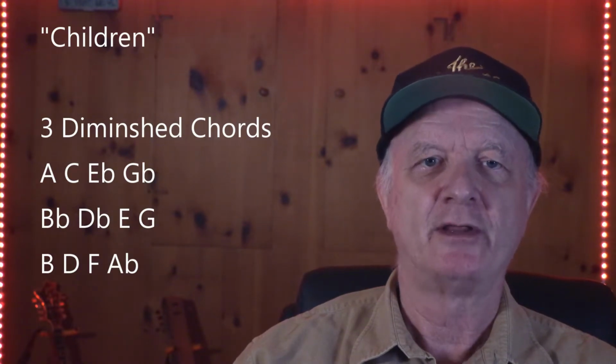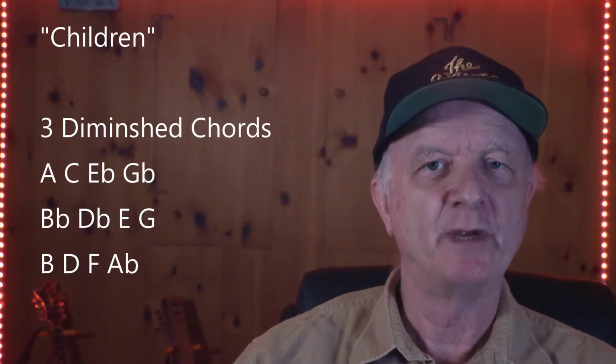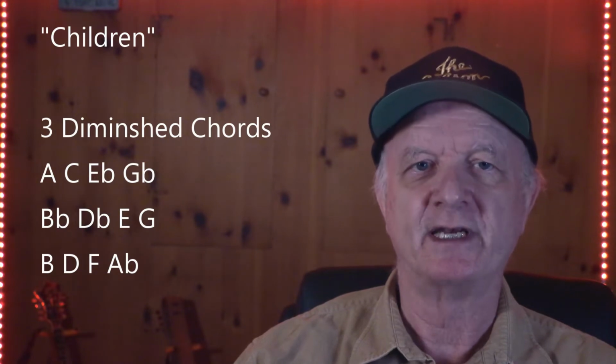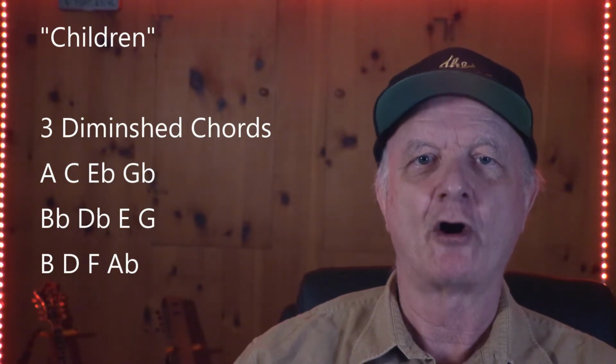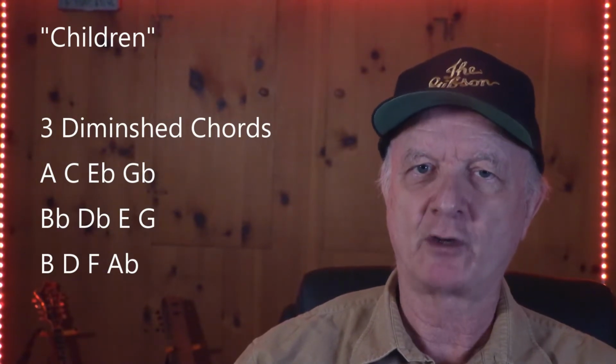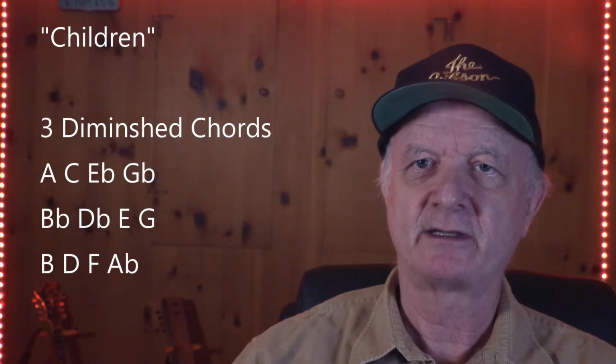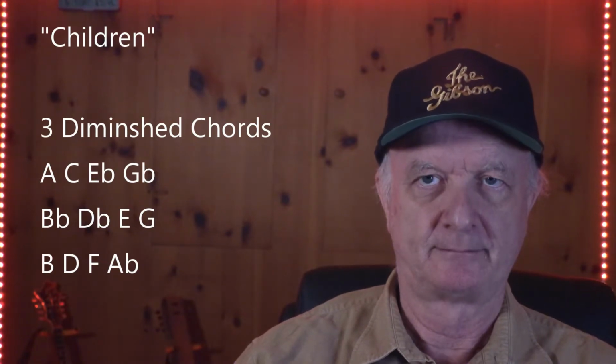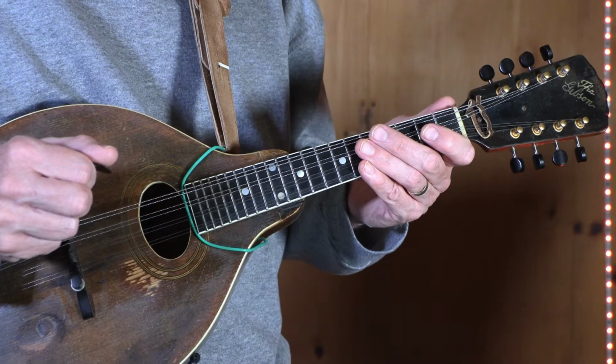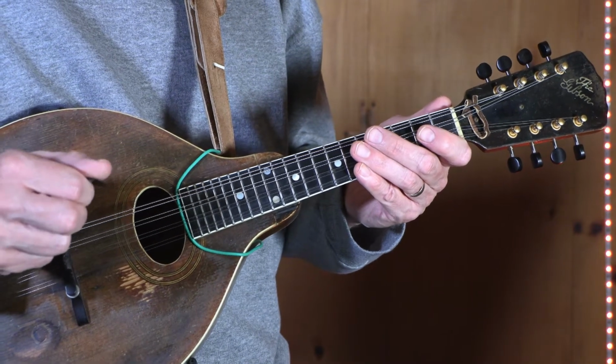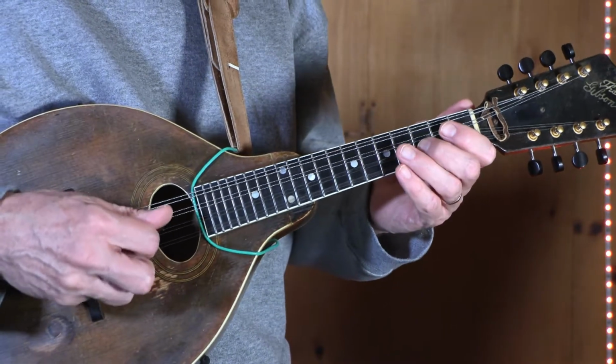Also remember, there are 4 names to each diminished chord. In other words, the names of all 4 notes are also the 4 names of the chord. See this in example 3. A, C, E flat, and G flat diminished.